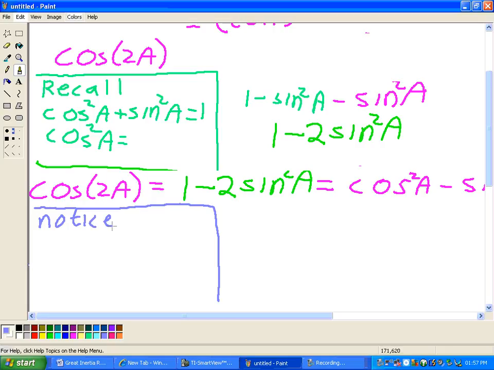So what we could have done is we could have taken the same thing, and I could have said that the cosine squared, oh, I think, yeah. I could have said the sine squared.